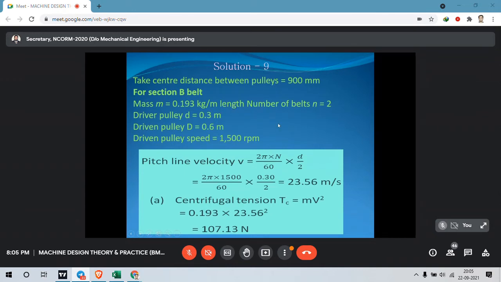The number of belts, small n, is 2. This data is already given. The driver pulley and driven pulley are given, and the driven pulley speed is also given.